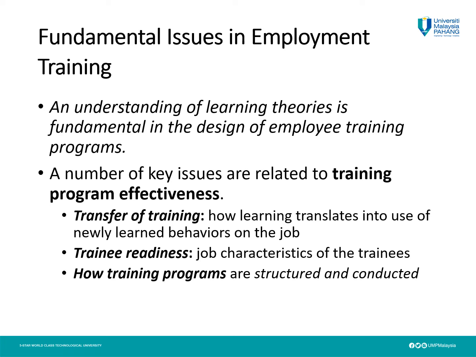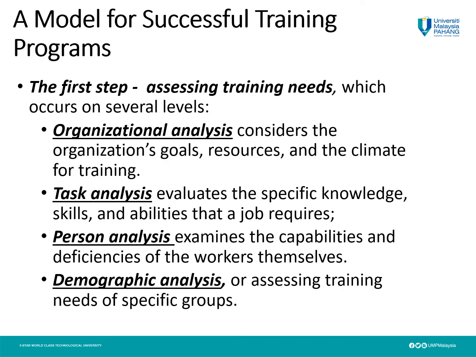First one is transfer of training, which is how learning translates into use of newly learned behavior on the job. And then the trainee readiness. This is more on the job characteristics of the trainees and how training programs are structured and conducted. So these are the three important key issues related to training program effectiveness.